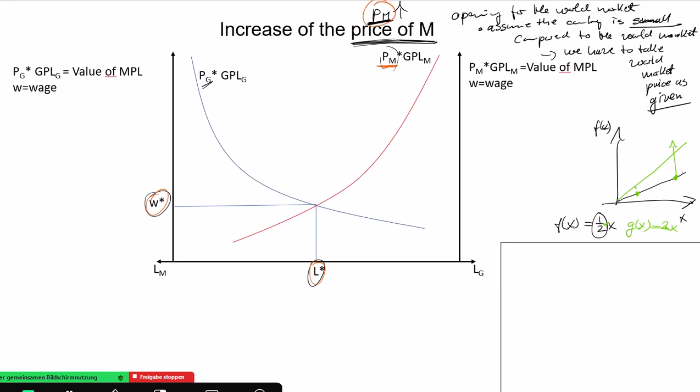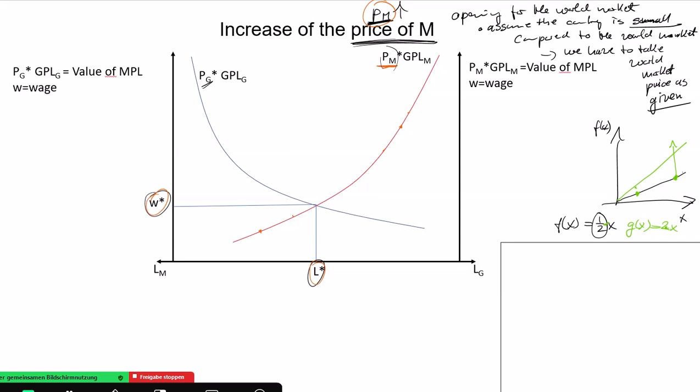Increasing P means every point on this red curve has to be multiplied with the larger number. So we have no parallel shift, but also the small numbers are shifted in absolute values a smaller distance than the large points here.